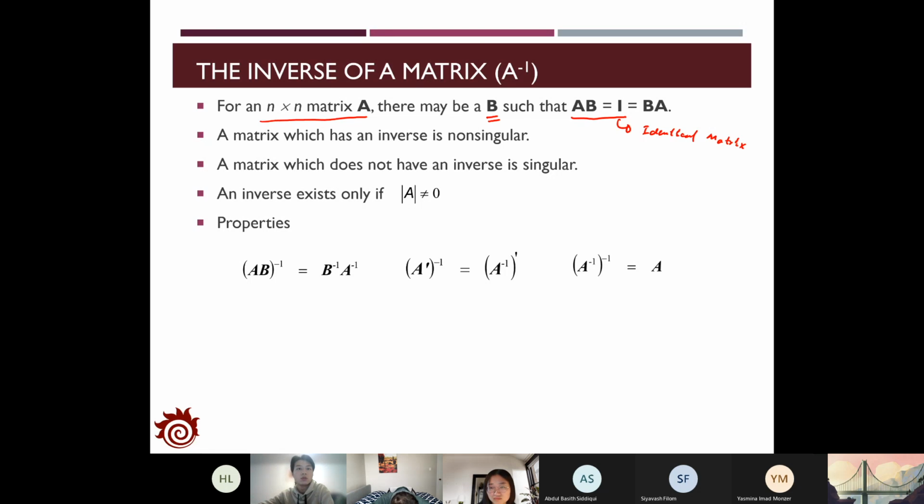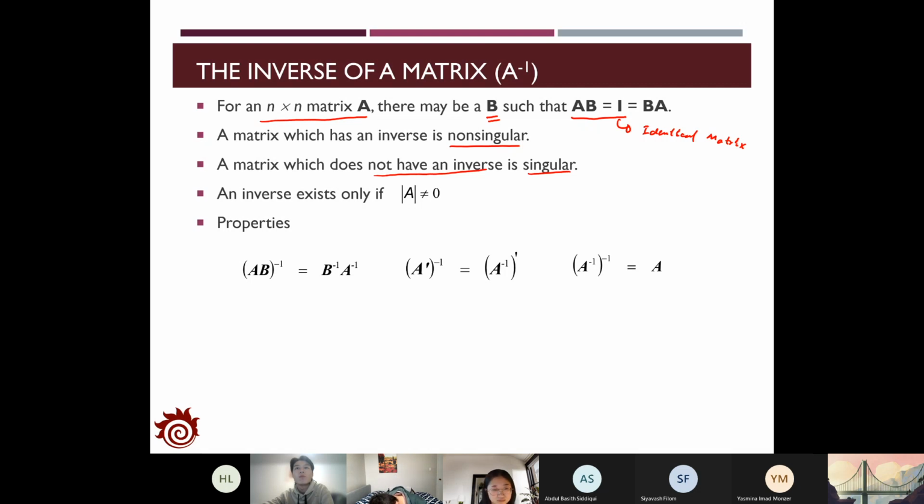For any matrix which has an inverse, we say that it's a non-singular matrix. And a matrix which does not have an inverse is defined as a singular matrix. So that's the inverse, and singular and non-singular matrices.